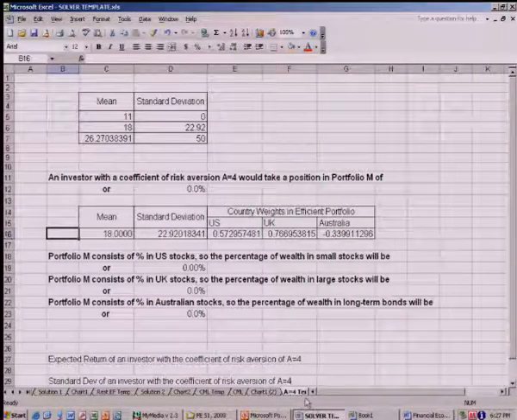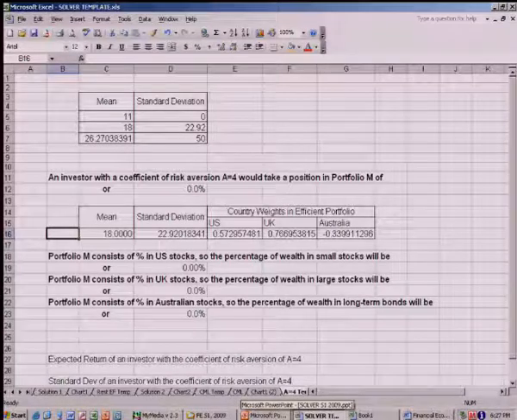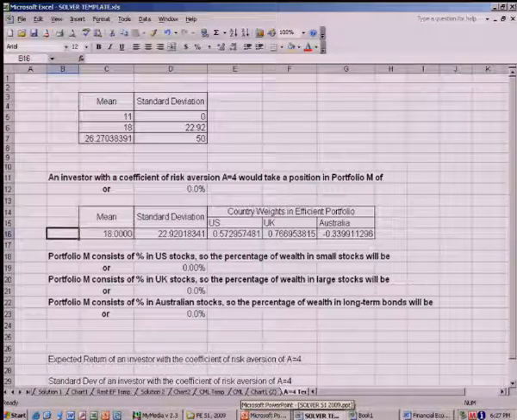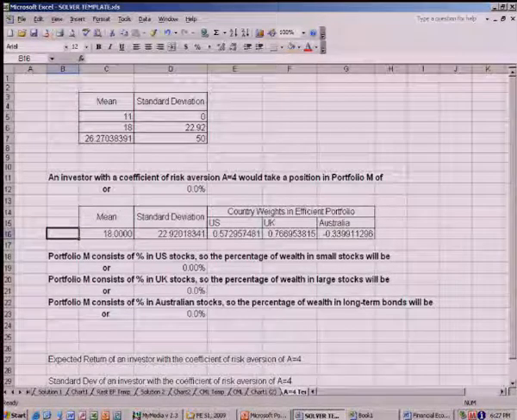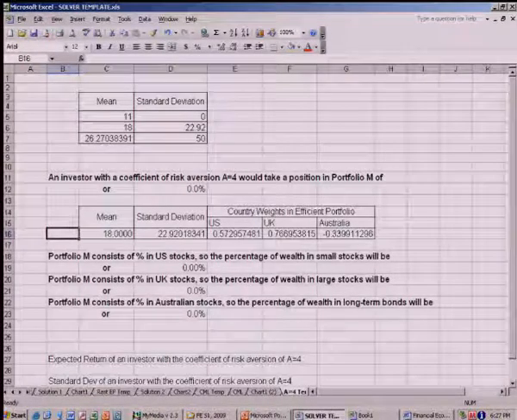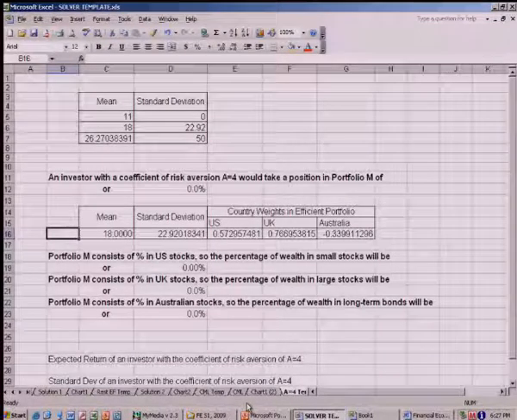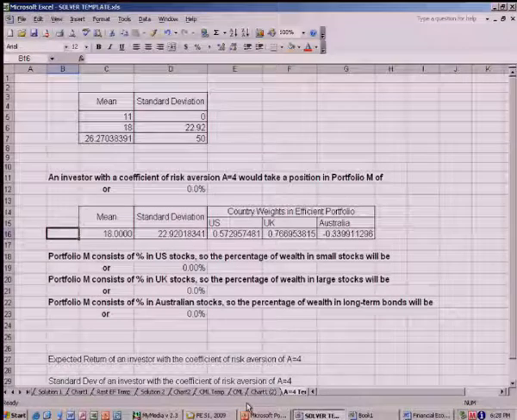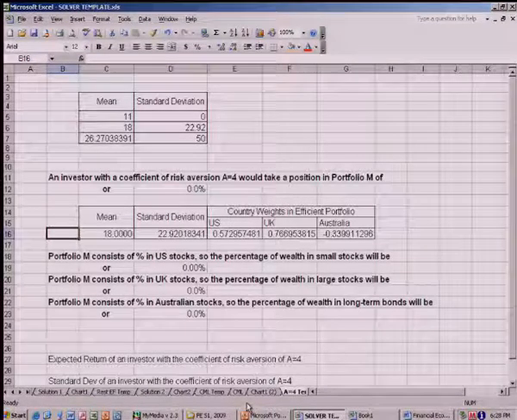what you now want to do, I believe your assignment asks you to find for a certain type of investor where exactly he would be investing, okay? Because what we have done so far gives us a broad understanding of what the optimized portfolios are and what the most efficient portfolios are.